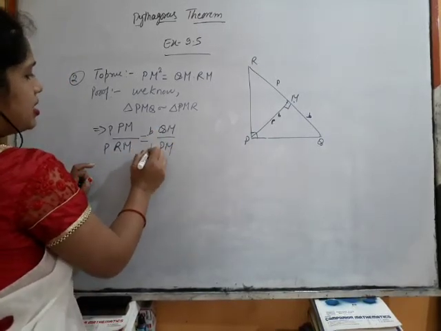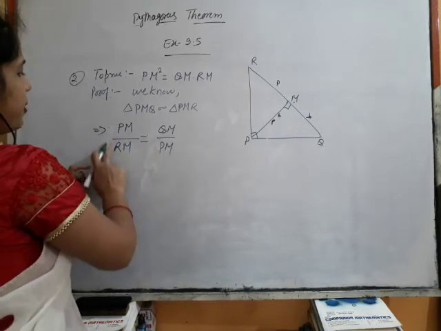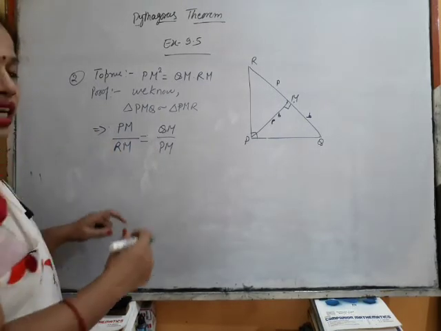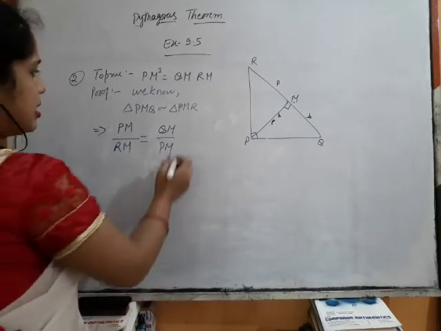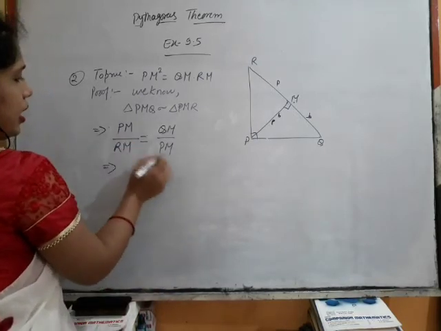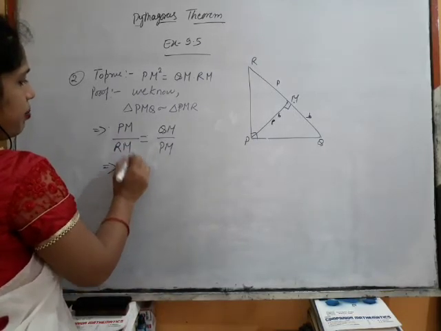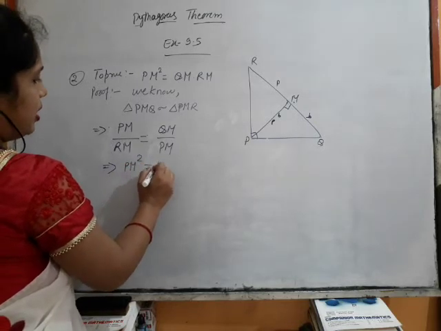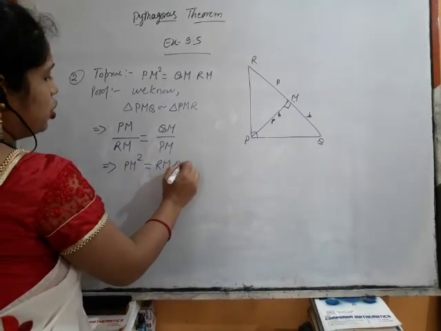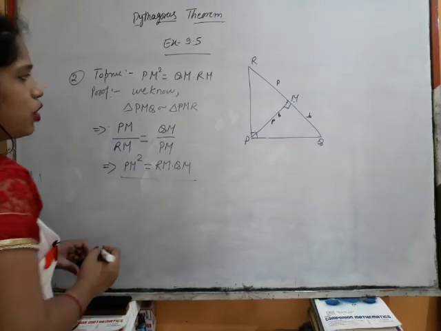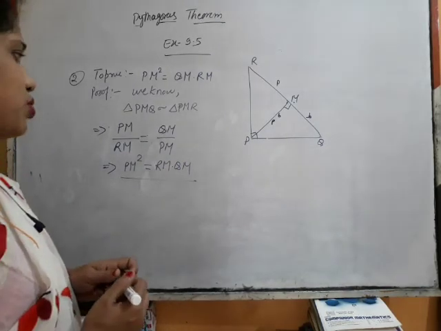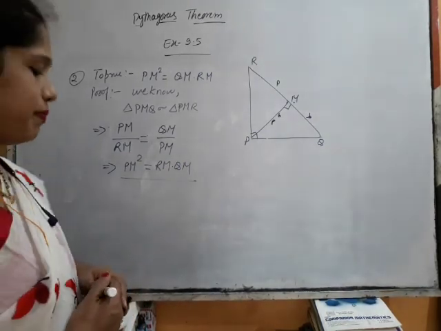So this is also base, this is also base. So the ratios of perpendiculars is equal to the ratios of bases. So now cross multiply: PM into PM, PM square, and RM into QM. So after cross multiplication we got PM square is equal to RM into QM.